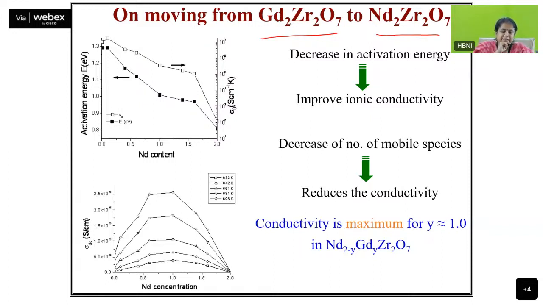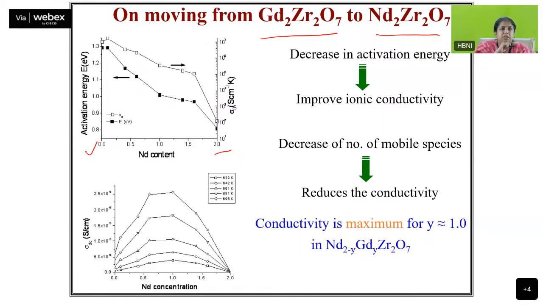So what was done in this particular work is, we took Gd2Zr2O7 here, which is denoted by zero amount of Nd, and we started putting Nd in it. That is, we are going from gadolinium zirconate, substituting 10% of gadolinium by 10% of Nd, 20% of gadolinium by 20% of Nd, and so on and so forth till we reach pure Nd2Zr2O7.